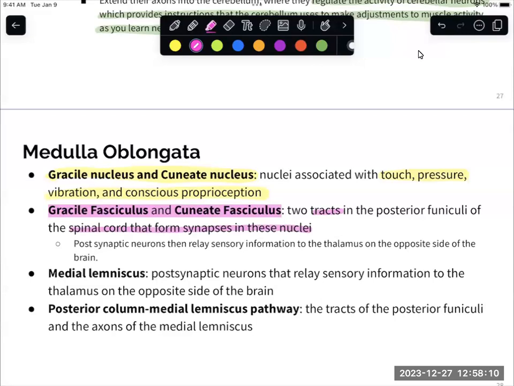From here, that information is going into the thalamus on the opposite side of the brain. We mentioned in chapter 13 that medial lemniscus. This is part of that posterior column medial lemniscus pathway that is taking sensory information to the thalamus on the opposite side of the brain.